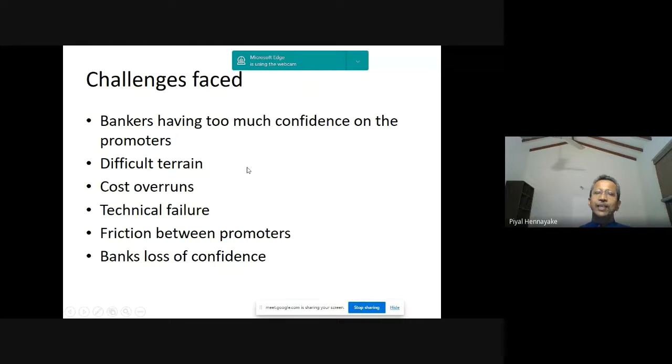Bankers having too much confidence on the promoters, because both of them coming with business background and one with hydropower generation experience, so the banks were too confident, and that's why 4 banks, a big project, joined NDB Bank at that time. NDB, I think, National Development Bank, to finance that project.